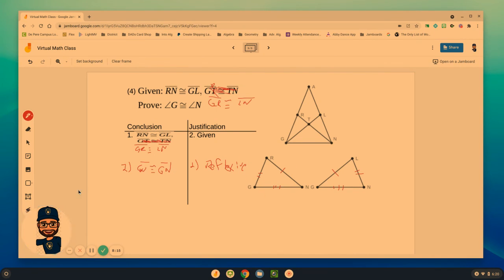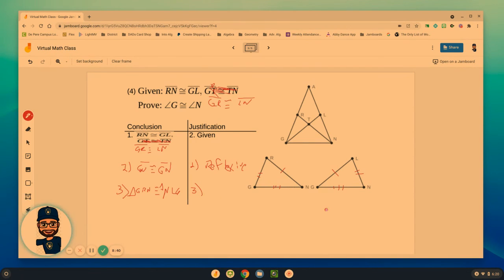Now that we have that, hopefully you can see that those two triangles are indeed congruent. GRN is congruent to NLG. What allows me to say that those two triangles are congruent?